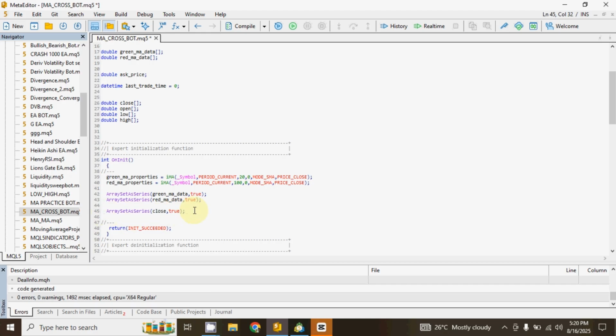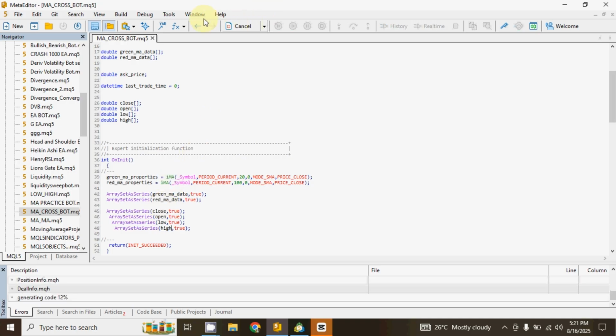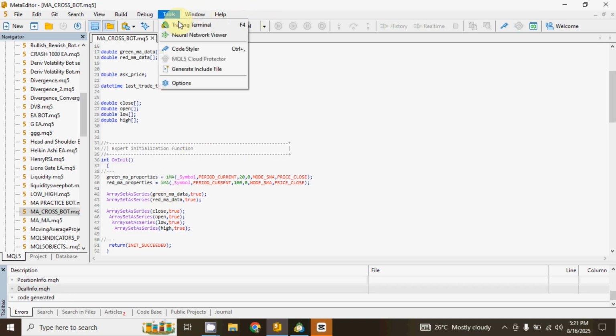We are going to do the same thing for the open, the same thing for the low, and the same thing for the high. Let me compile and see if we have 0 errors and 0 warnings. So fine, we are good to go.